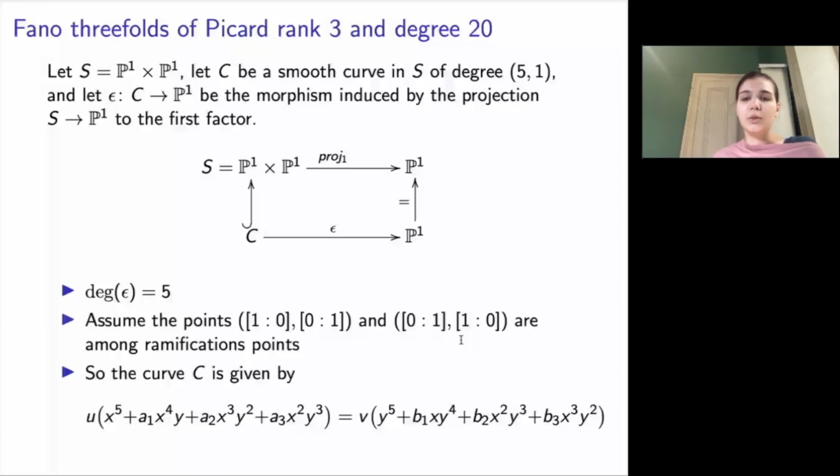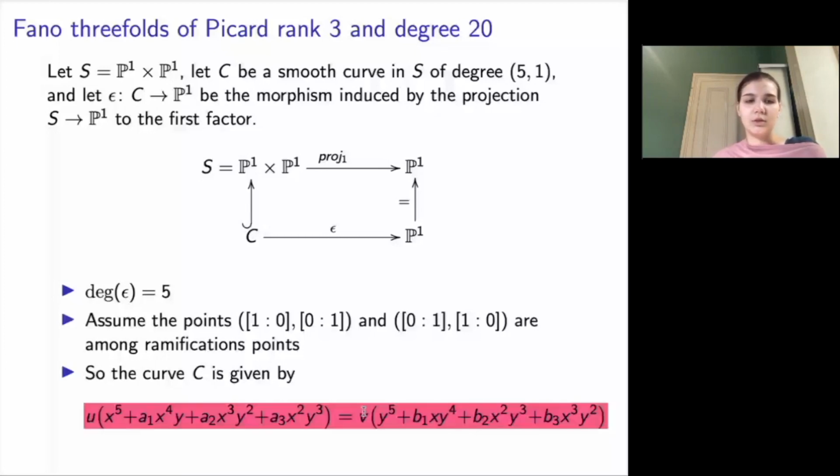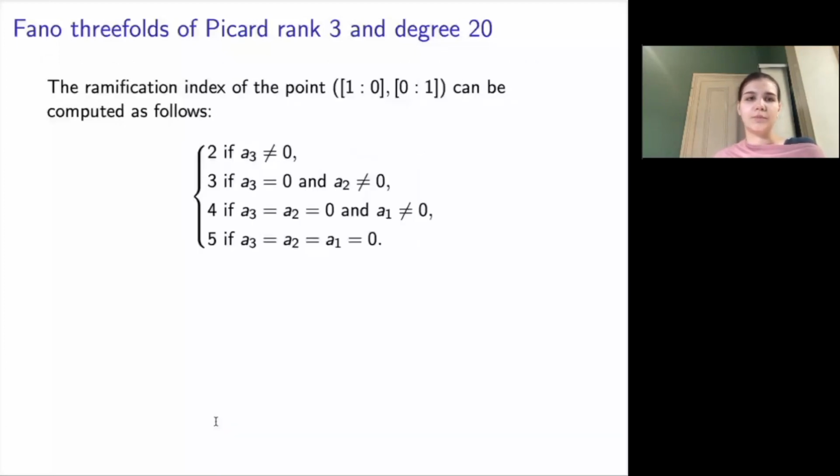Since we can assume it, we can rewrite the curve C. We can assume that the curve C will be given by these coordinates. Note that we can see here that it's a curve of degree (5,1) in P1 cross P1. Now we can compute the possibilities for the ramification index of the first point.